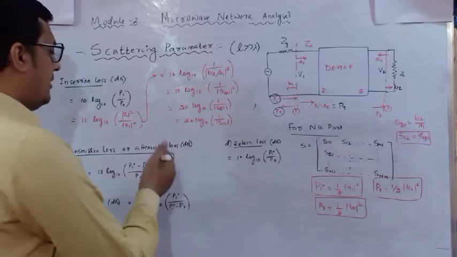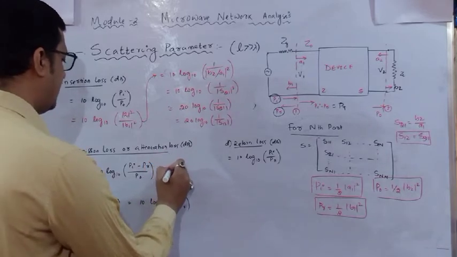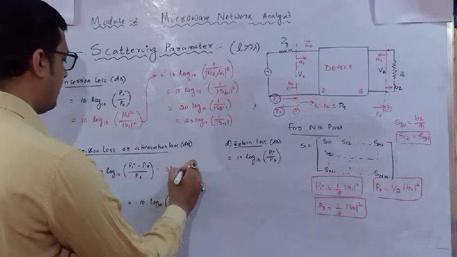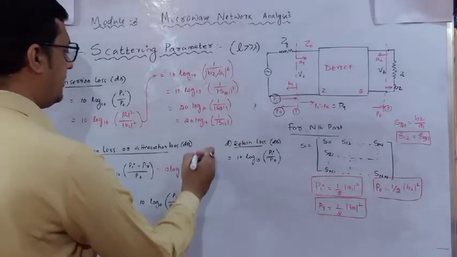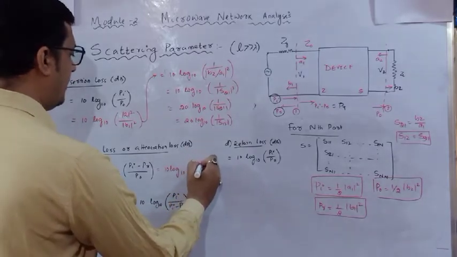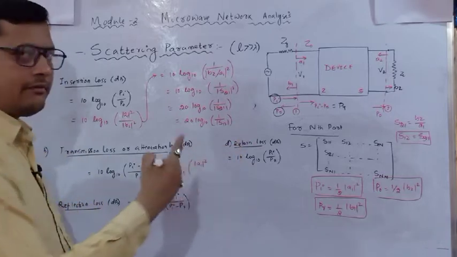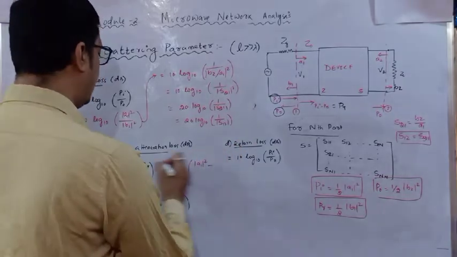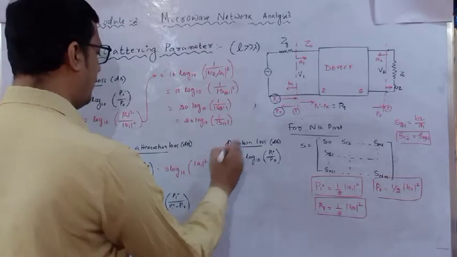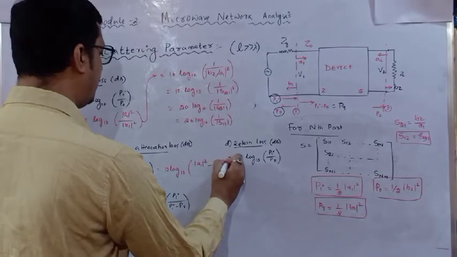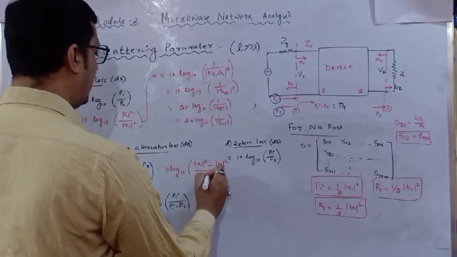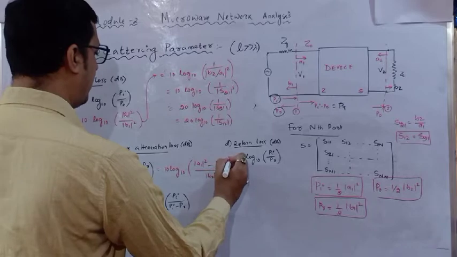So here I will substitute 10 log base 10. Input is mod A1 square, with the half taken common, minus reflected for port 1, which is B1 square. Output is mod B2 square.